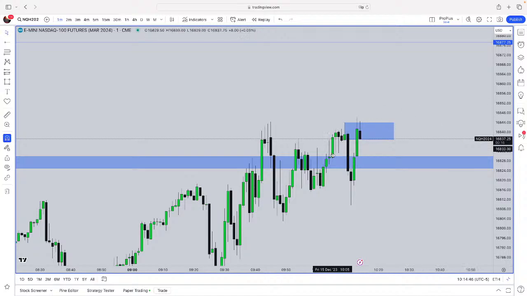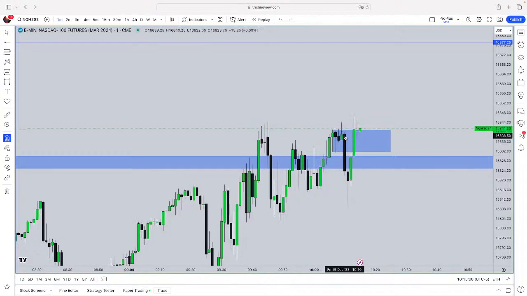So I'd look at this candle here actually, because it closed higher than this candle. So potentially I'll call this a breaker instead of that candle. So these candles here could be the breaker instead of just this singular candle, if that makes sense.